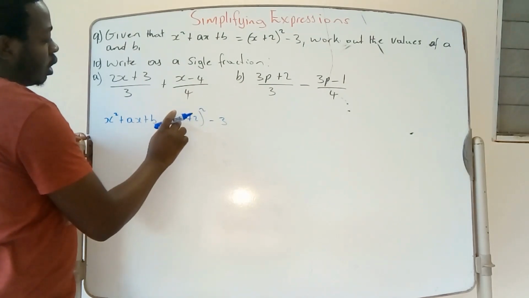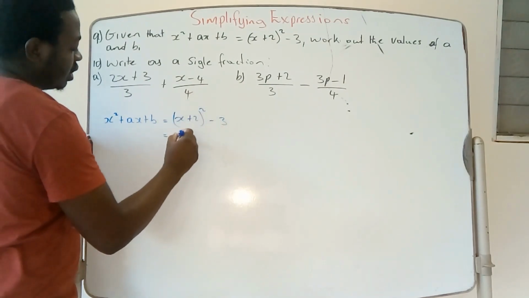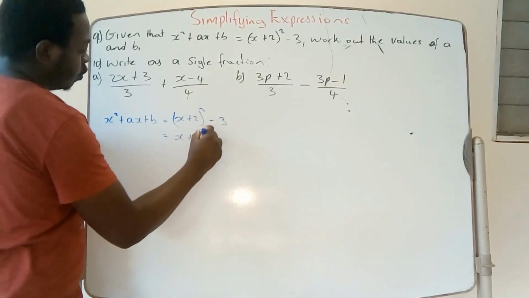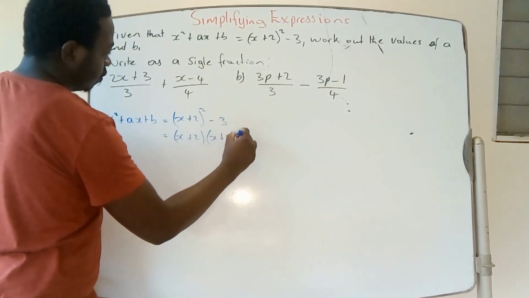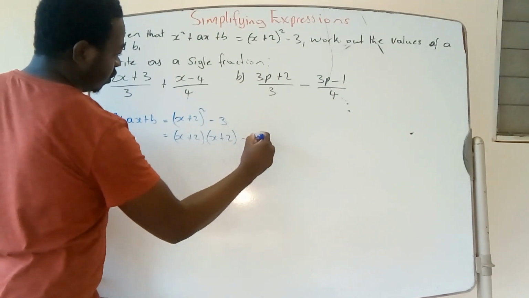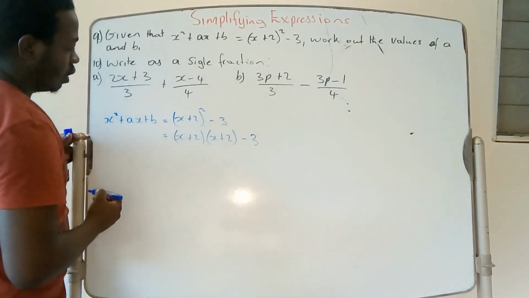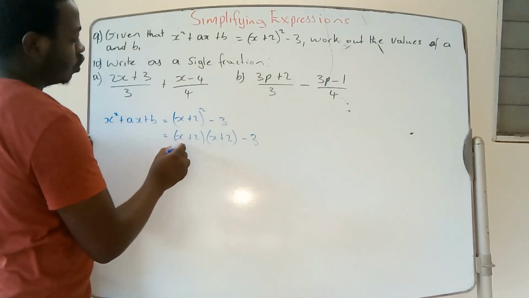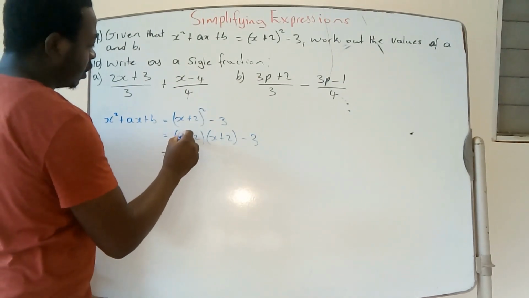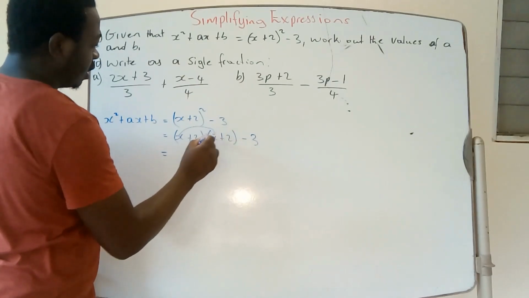So x plus 2 all squared means x plus 2 times x plus 2, minus 3. Alright? Now, what you're going to do is take the first term to multiply the first term in this bracket.